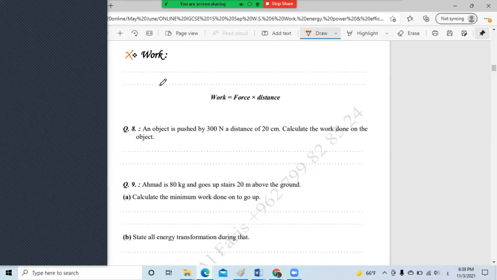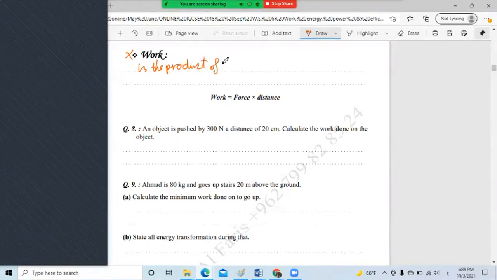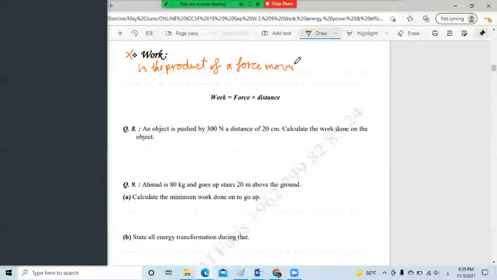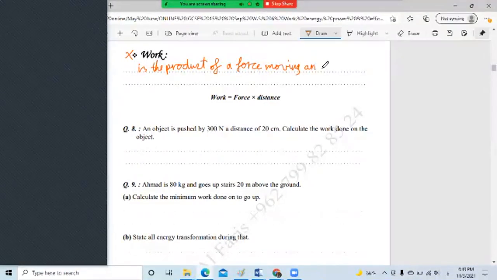So what is the work? It's not a definition and it's not included, but we have to understand it. Work is the product of a force, the product meaning the multiplication, moving an object a distance in its direction.